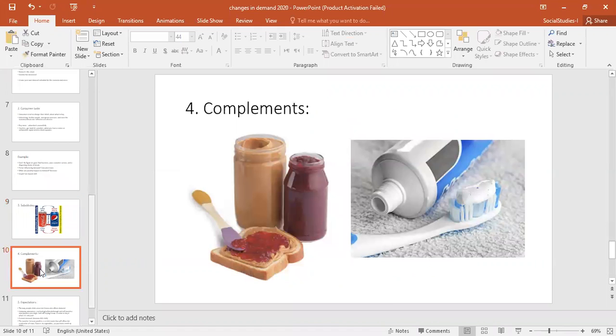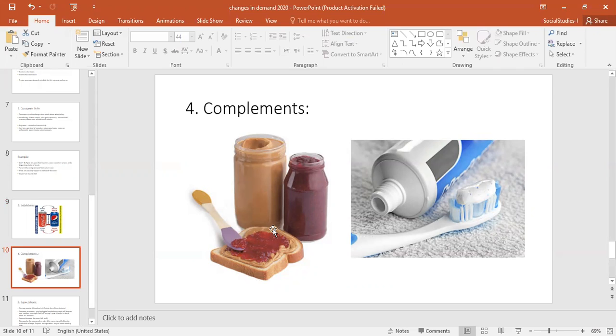Now, complement goods are goods that go hand in hand with each other. In America, peanut butter is usually paired with jelly or jam. They go hand in hand. You cannot have peanut butter without jelly.